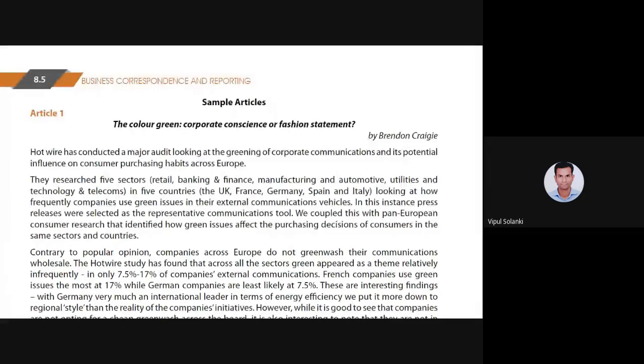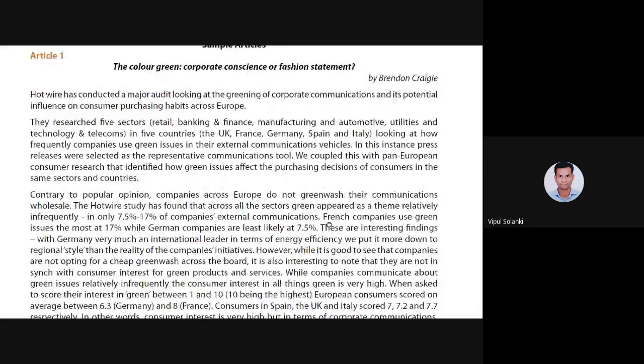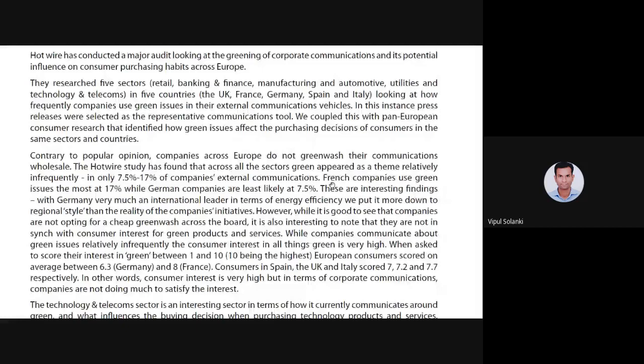All right. Ishan, can you please tell us what the theme of the article is, what is discussed in this article? What do you understand? Ishan, what is the theme of the article?